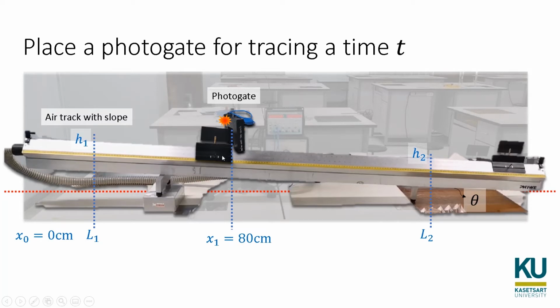The way you define the position is when you use the glider and reach this photogate, and have the first event where the photogate reads out blocked. So you mark this point as x1, and you mark x0 as the position where the air blower tube gets in. So this is the 0 centimeter position and this is the 80 centimeter position.